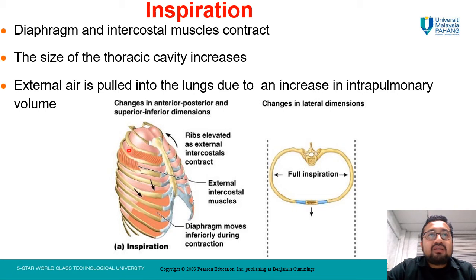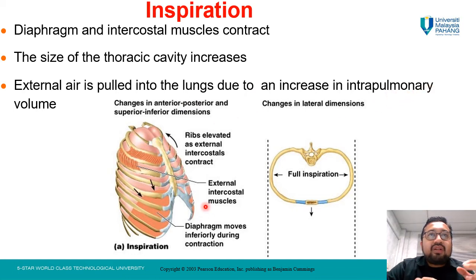This muscle between the rib cage, when it contracts, ribs are elevated, and the diaphragm moves inferiorly. The movement of both the intercostal muscle and diaphragm will create this: external air is pulled into the lungs with the increase in intrapulmonary volume.